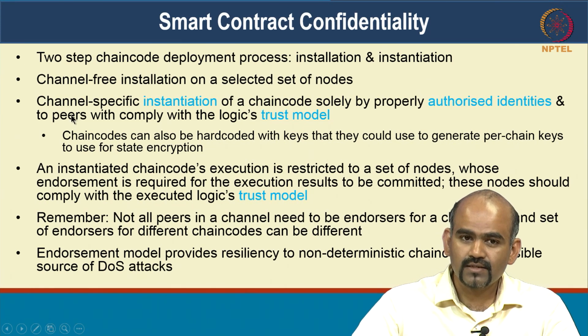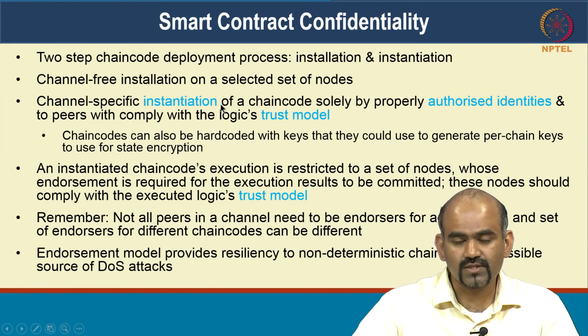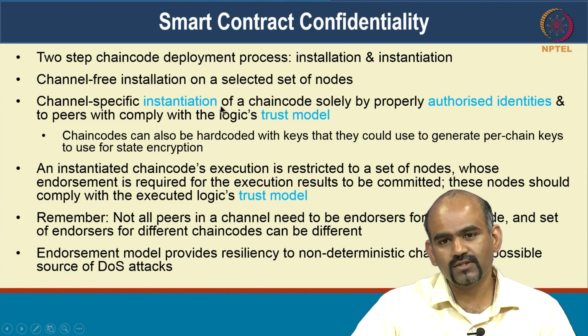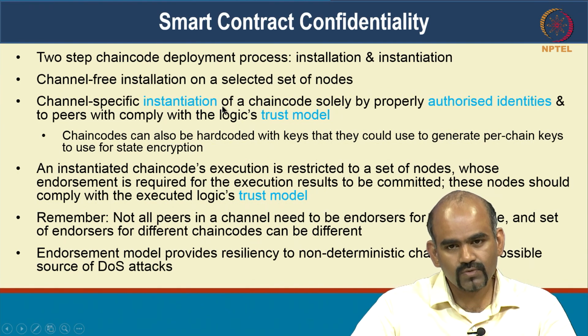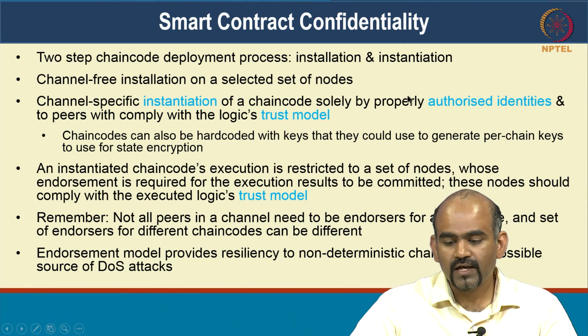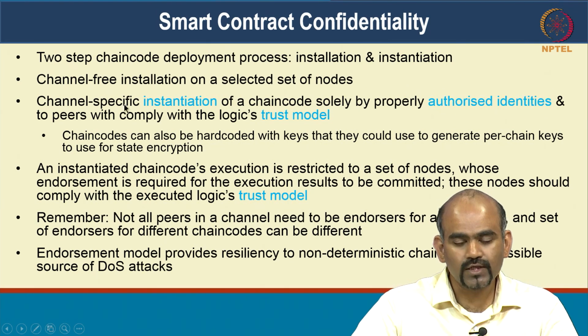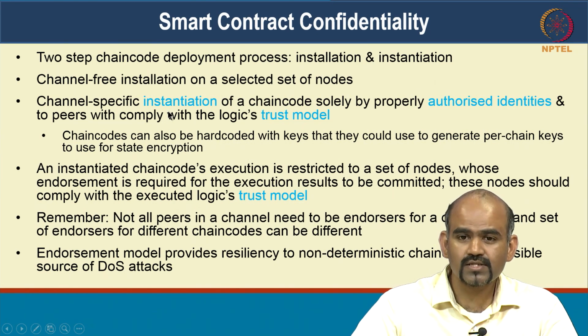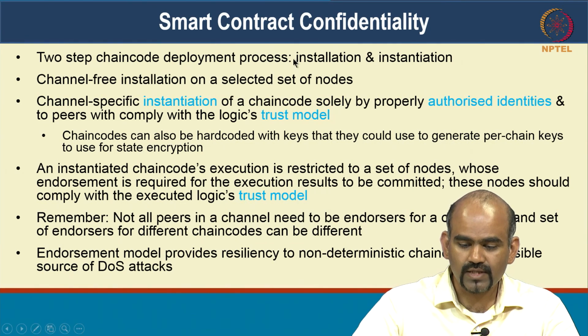The next part is a channel-specific instantiation. For each channel on which you want to instantiate a chain code, you will call an instantiation transaction. And at that point, you will say who are the authorized peers who need to execute this transaction and may act as endorsers for this transaction. So that is the second notion.